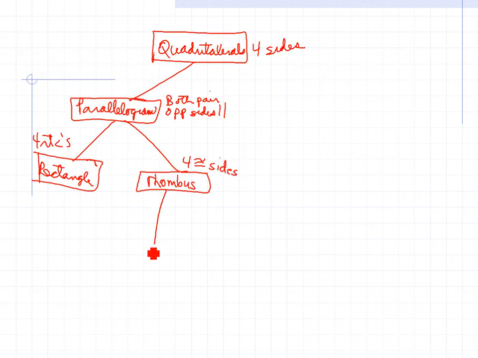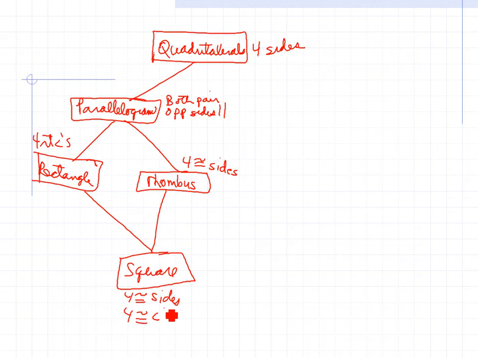And then off of those two went together, we said it would be a what? Square, good. It's got four congruent sides and four congruent right angles, or four congruent angles, right? If they're all four congruent, then they have to all be right angles.